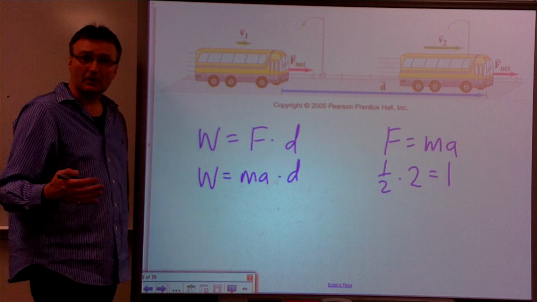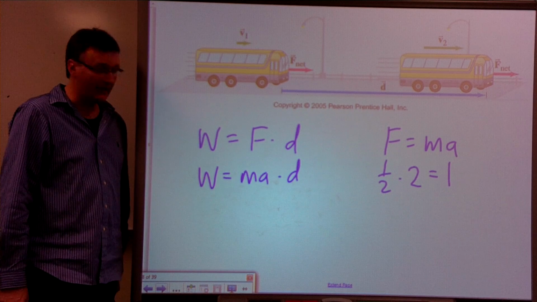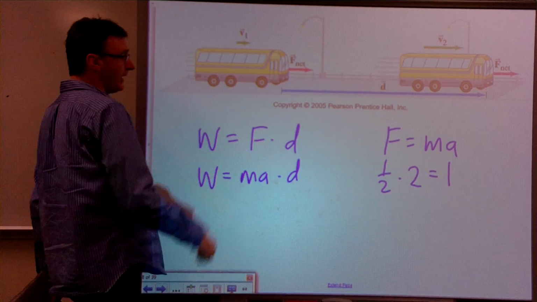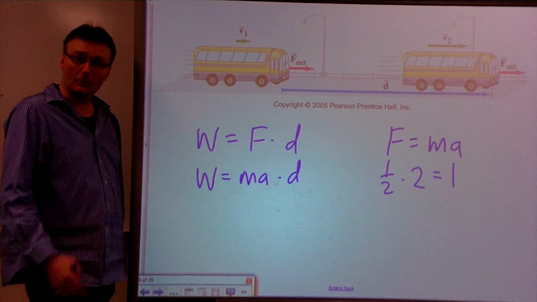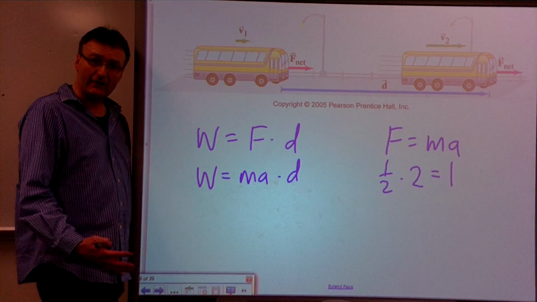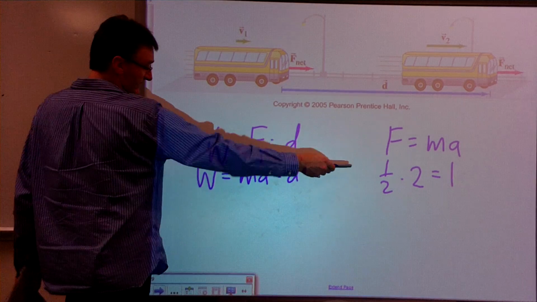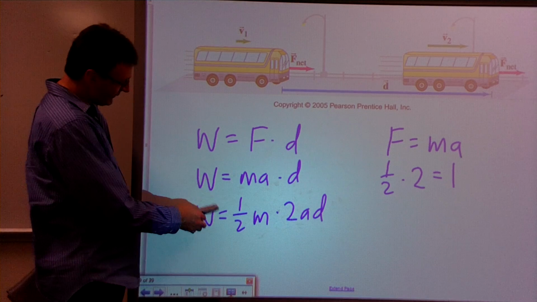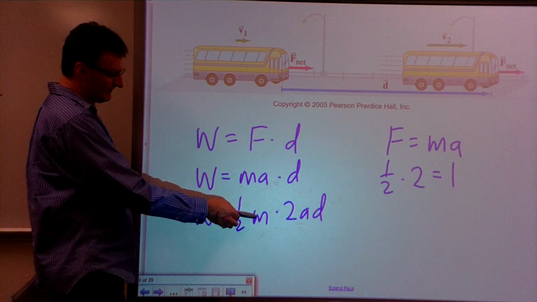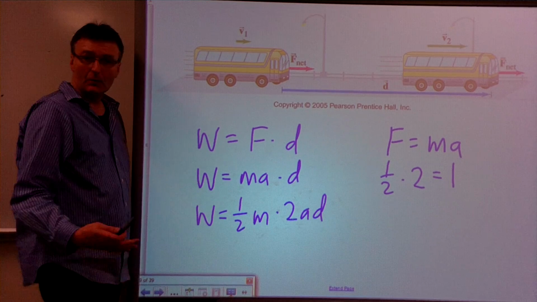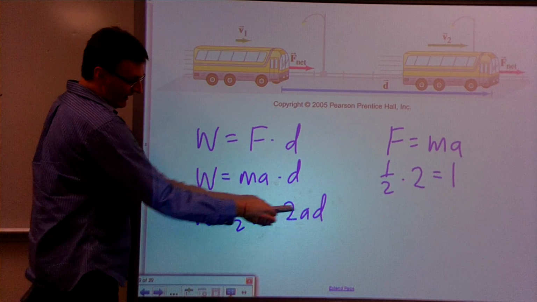And now I'm just going to pull a rabbit out of a hat here, and I'm sure that this won't be a problem for you, that 1/2 times 2 does equal 1. And when you multiply anything by 1, you don't change its value at all. So we're going to make use of this and put those numbers in here as well. So the work equals 1/2 times the mass times 2AD. Now we have 1/2 times 2, which is just 1, so it doesn't change the value of it.